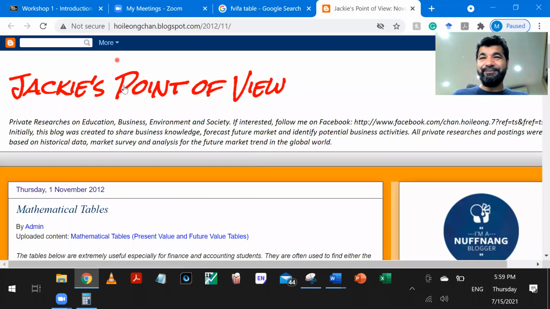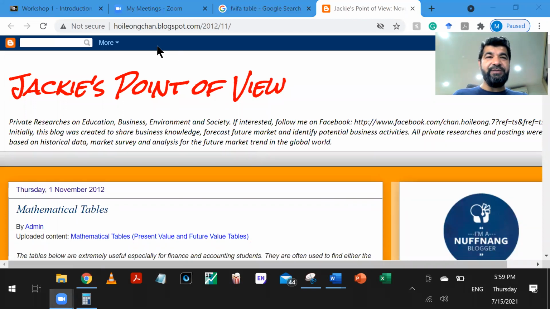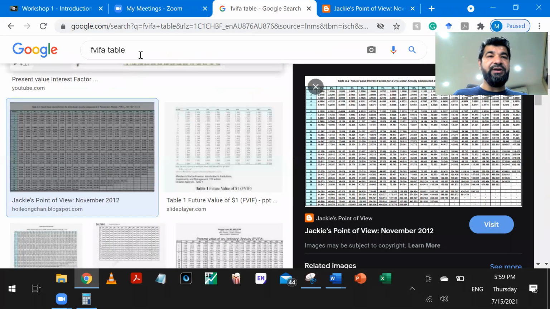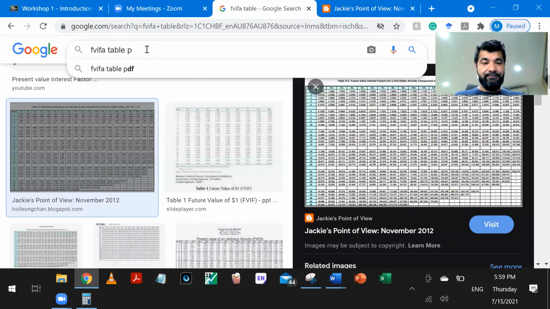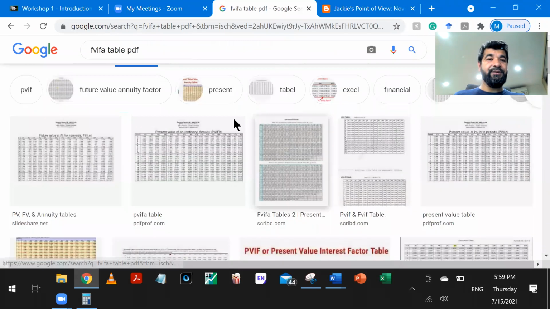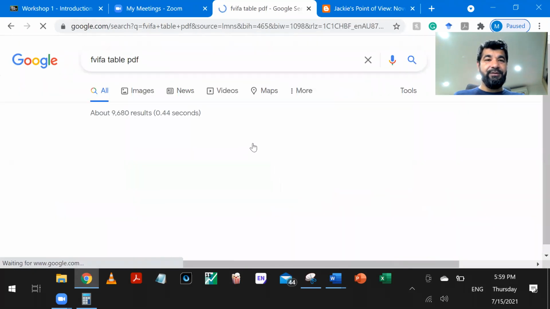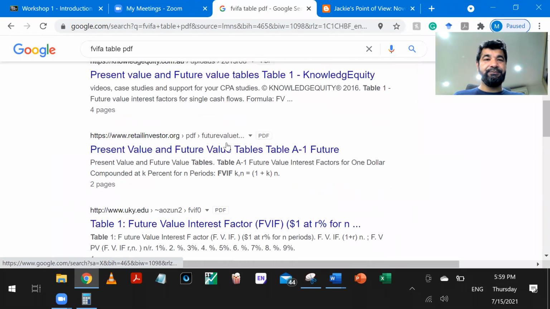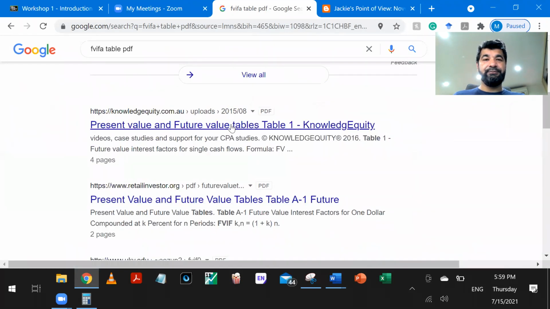Let me show you a better version, because I'm sure you can find it in PDF. Present value, future value table.